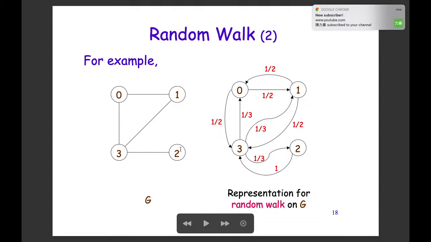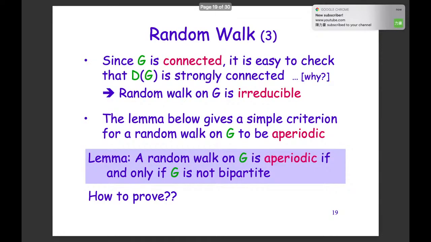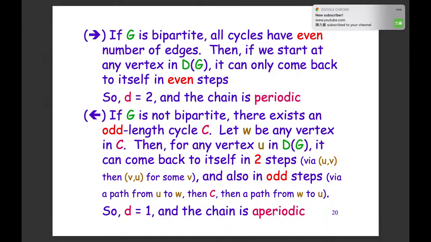So that means, for any vertex in this graph, there is a way for it to go back to itself using an odd number of steps. And it can also always go back to itself using an even number of steps. So odd and even don't have a greatest common divisor greater than 1. So in that case, every vertex is not periodic. So the graph is aperiodic. So this is the proof. Yeah, you can check it.